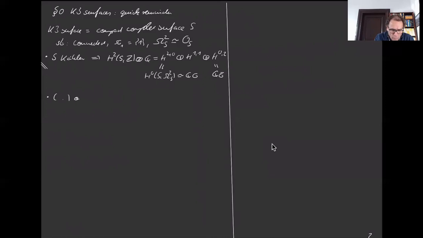The intersection form on the second cohomology is well known.